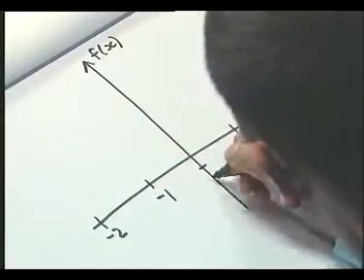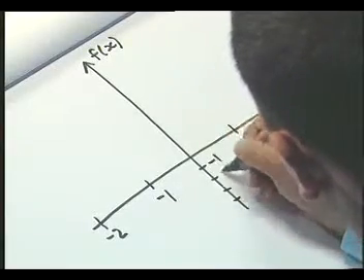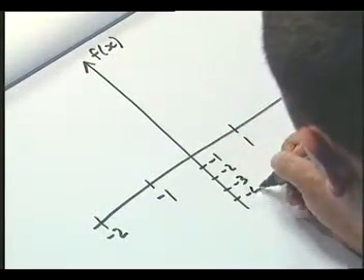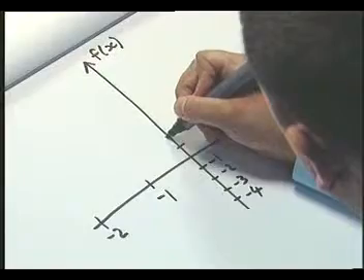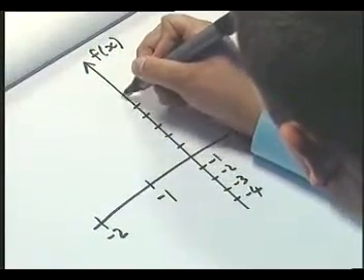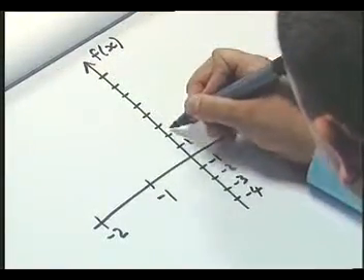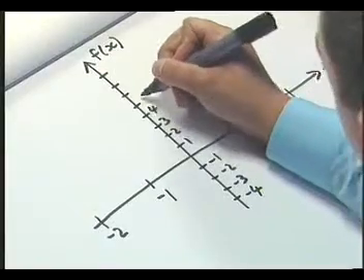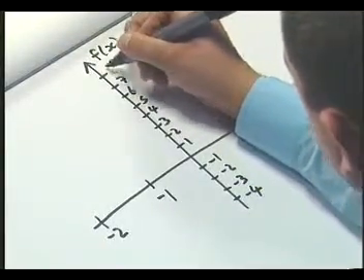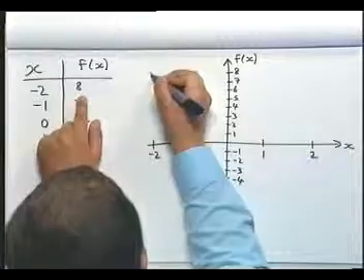Okay, so we've got 1 and 2, minus 1, minus 2 on the horizontal axis, and minus 1, minus 2, minus 3, minus 4, and going up to 8 on the vertical axis. So our first point is minus 2, 8. So we can put that up here.